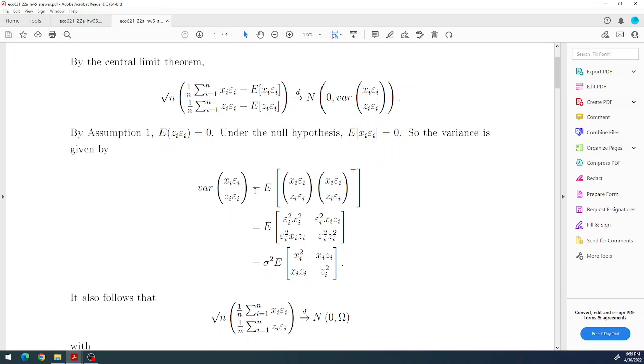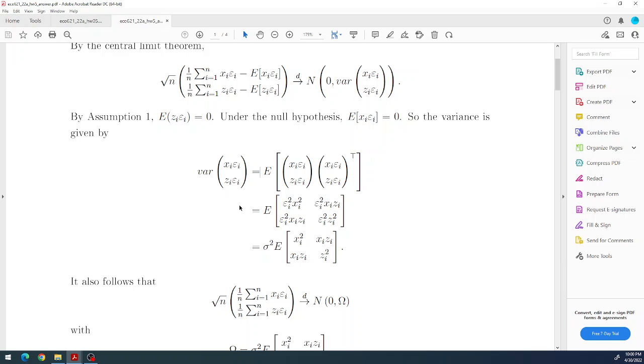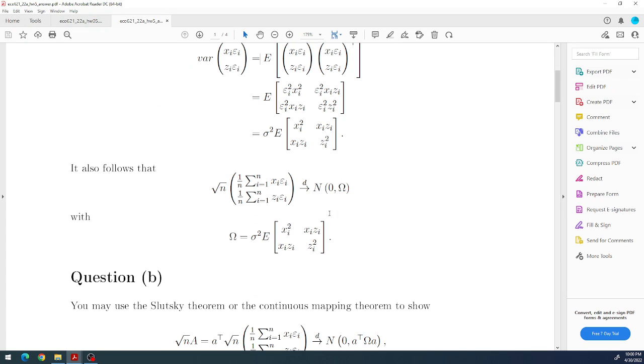Only when this inside expectation is 0, the expectation of the inside term is 0, then you may write variance as the expectation of the quadratic form, squared. So we need the null hypothesis to have this equality. And from here it's straightforward, and you use the law of iterated expectations, and then nothing special. Just as usual, we have this.